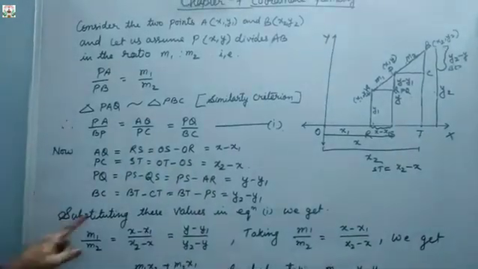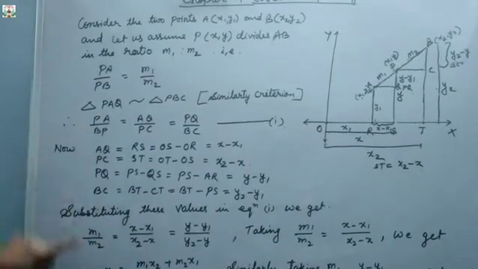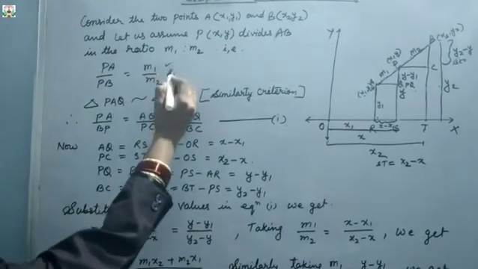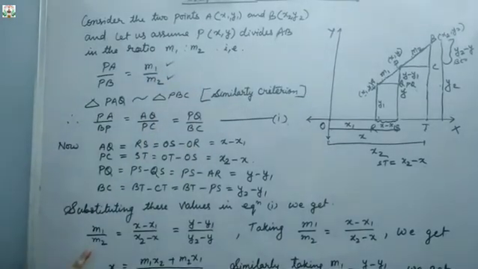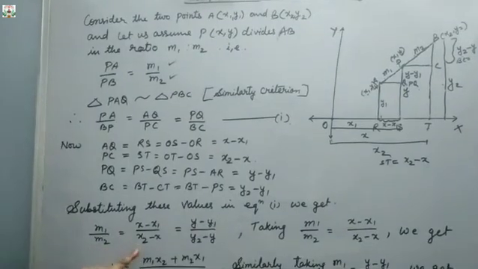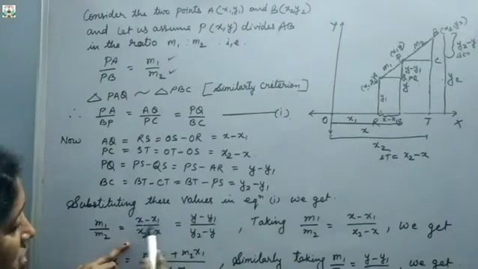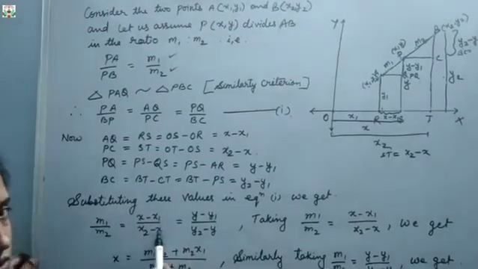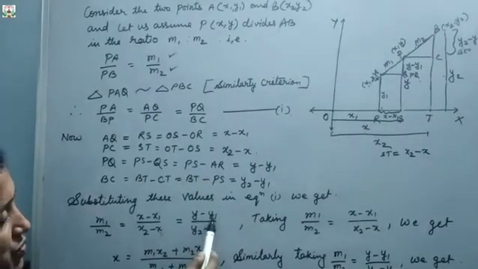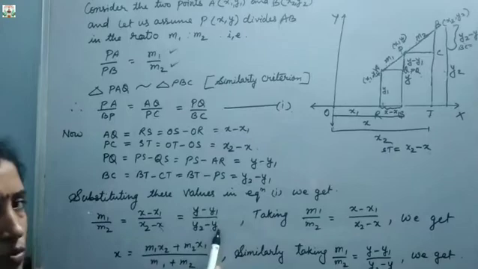After that, substituting these values in equation 1, what will you get? PA is m1 and PB is m2. So m1 upon m2 equals AQ upon PC, which is x minus x1 upon x2 minus x, equals PQ upon BC, which is y minus y1 upon y2 minus y.